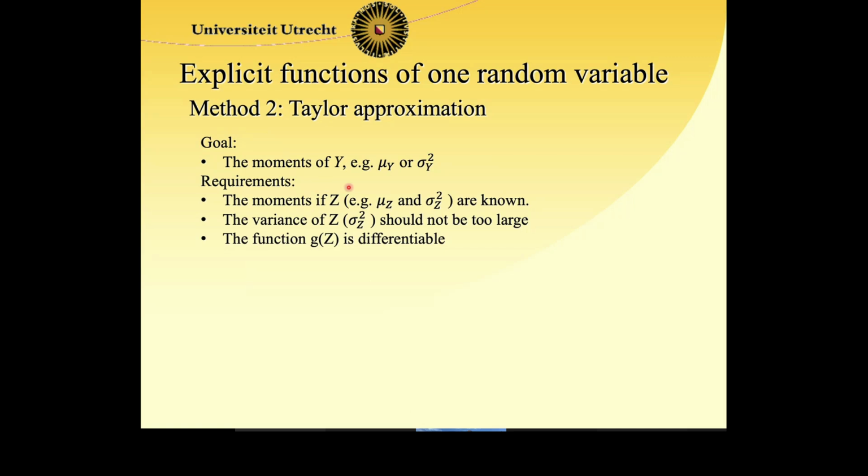For instance, for the water height, we do not have a complete probability density function of the uncertainty about the observation, but we may know by some replicate measurements in a short time what the average water height is and what the standard deviation or the variance of the water height is. So we only have the moments of Z in this case.